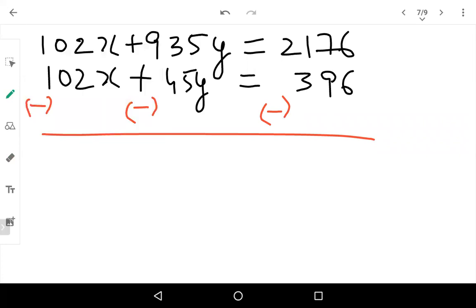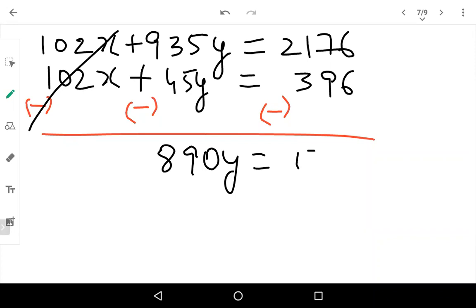These two will get cancelled. Then 935 minus 45 will give you 890y is equal to 2176 minus 396. How much do you get?